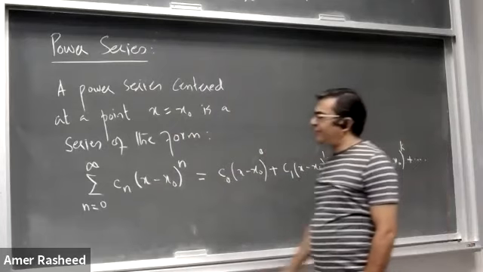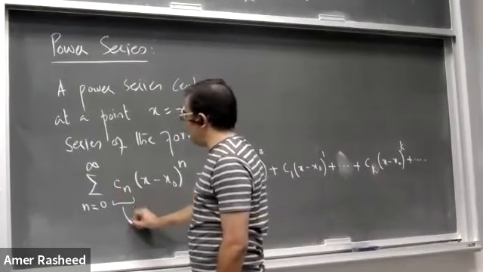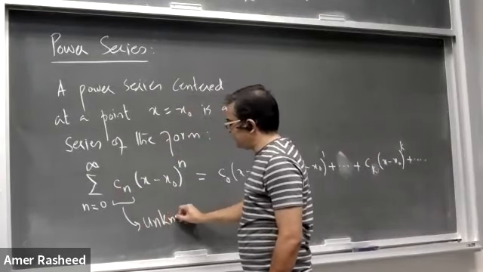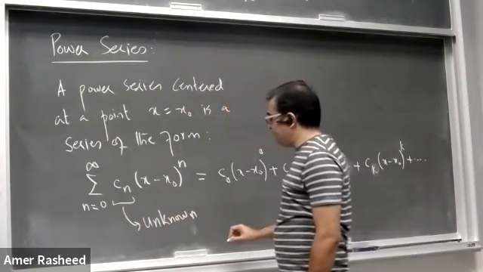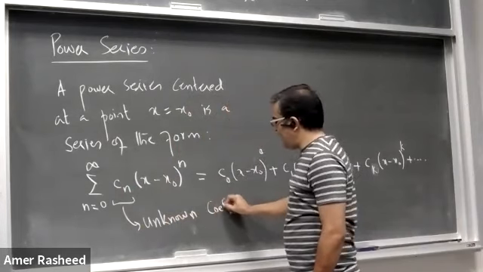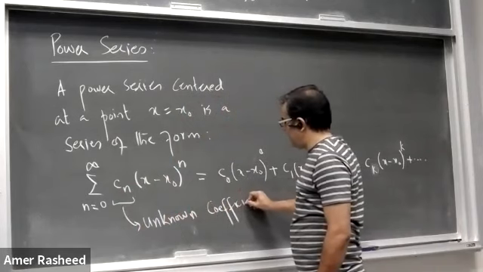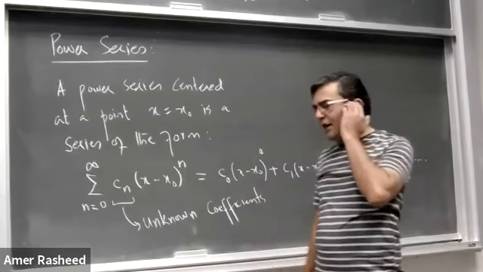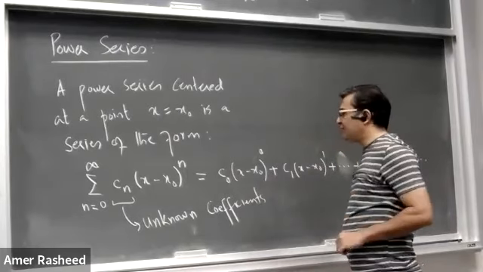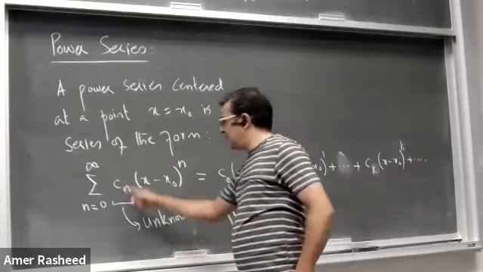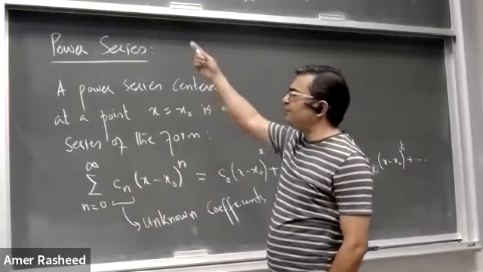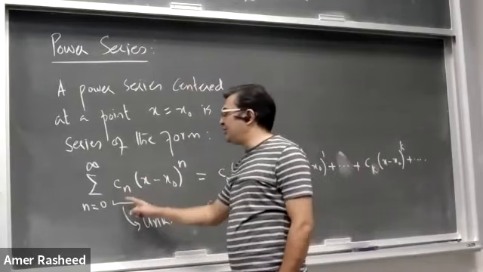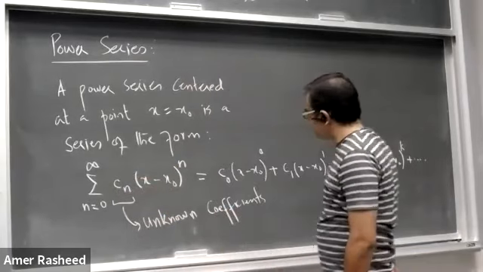The coefficients C_n are usually the unknown coefficients when we discuss the power series method. If we can compute these unknown coefficients, then it becomes the solution of a differential equation. In fact, we insert this power series as a solution to the differential equation and then try to compute these unknown coefficients.